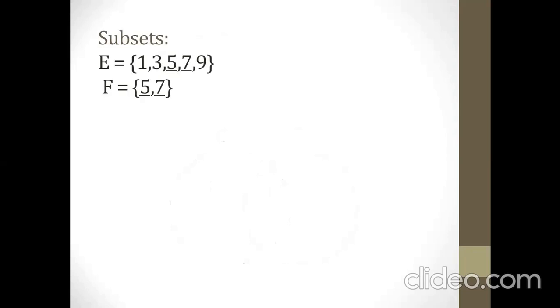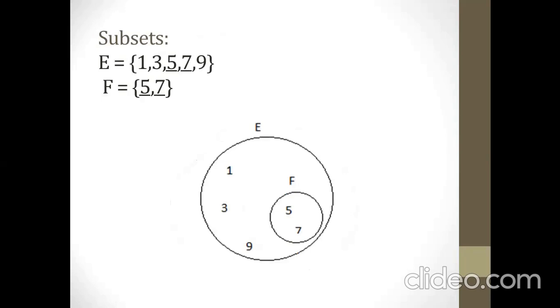Now let's have a look at subsets. As you can see, F is a part of set E. Then in this situation, what you have to do? First, you have to draw a big circle to show the set E. In this circle, you have to write all the elements 1, 3, 5, 7, and 9.